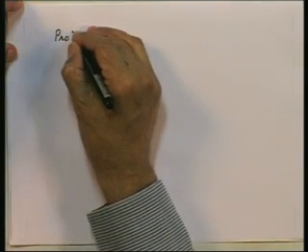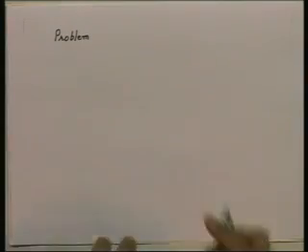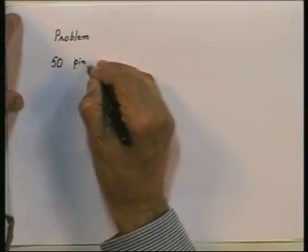So, let me illustrate now this whole idea. Let us take a problem, a problem of a pin fin. I am going to take up the following problem. Let us say on a base surface I have 50 pin fins.